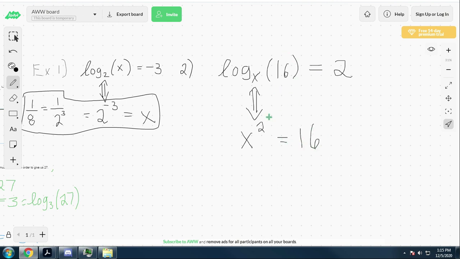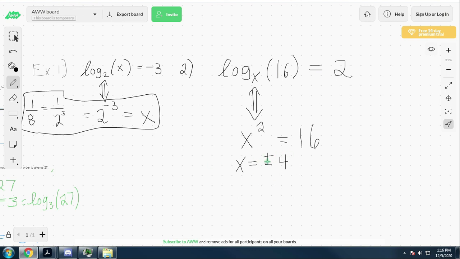And now we solve the resulting equation. Well, we know that this, by section 8.1 and the principle of square roots, we know that x would be equal to plus or minus 4. And then we have to think of whether this makes sense in the context of the problem. Well, it turns out that we don't want negative bases, right?